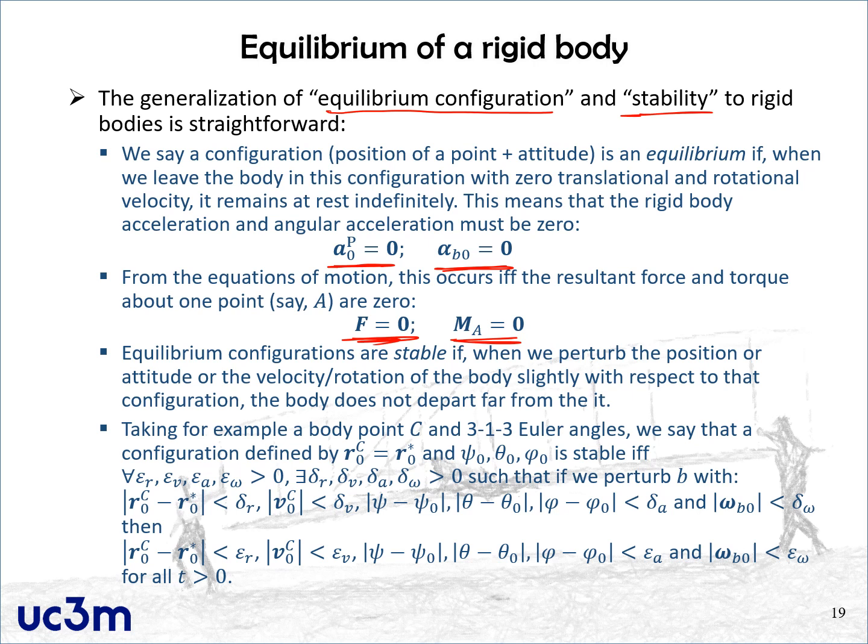Essentially, if we take, for example, point C to express our velocity field and 313 Euler angles to express our attitude, we say that an equilibrium configuration defined by a given position of C and some values of the Euler angles is a stable one if for whatever positive values of these epsilons, you can always find positive values for these deltas, such that if your perturbations of the equilibrium configuration are smaller than the deltas, the subsequent motion of the rigid body will be such that these distances to the equilibrium configuration will remain smaller than the epsilons for all later times.